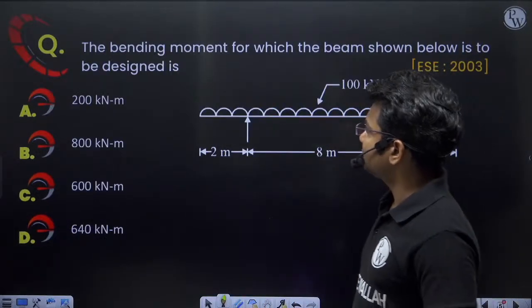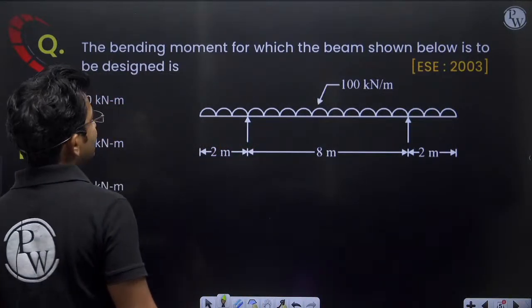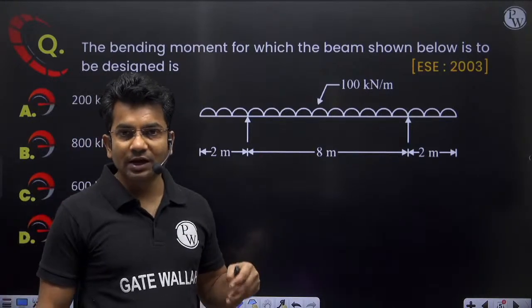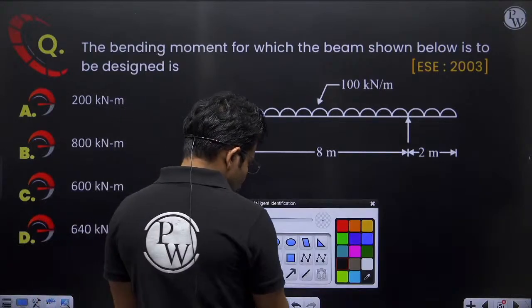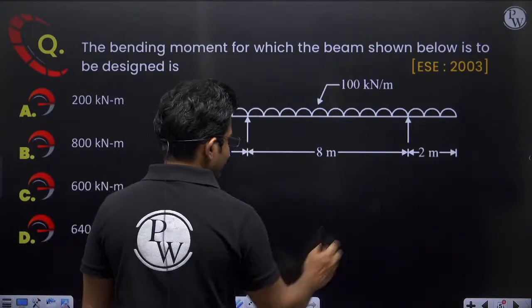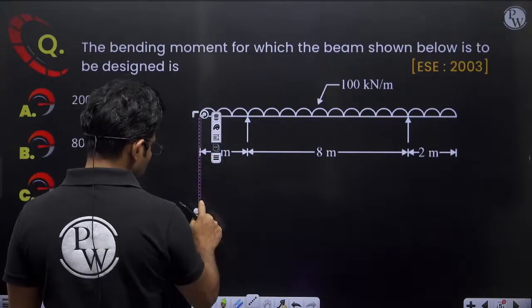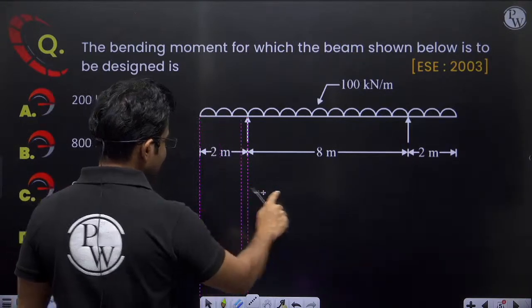So second question, the bending moment for which the beam shown below is to be designed is. So we have to find out what is the maximum bending moment for this beam. In order to know what is the maximum bending moment, let us draw the bending moment diagram for this beam. So how to draw the bending moment diagram? Bending moment diagram can be drawn very easily.